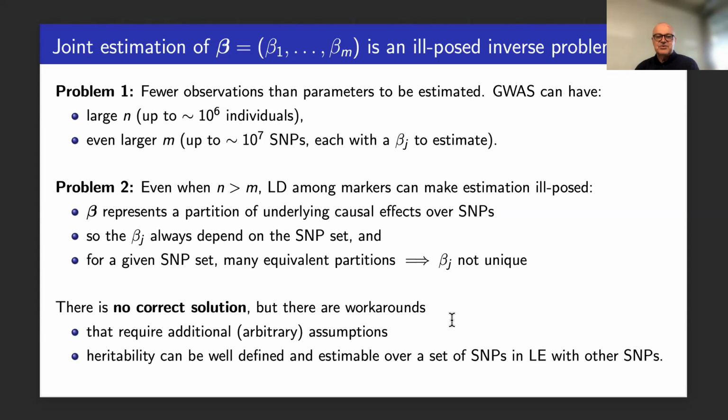Statisticians will know that in general is not feasible. You can't estimate more things than you've got observations. But more than that, linkage disequilibrium means that when you've got multiple SNPs tagging the same causal effect, it's impossible to deconvolve and allocate effects to individual SNPs.